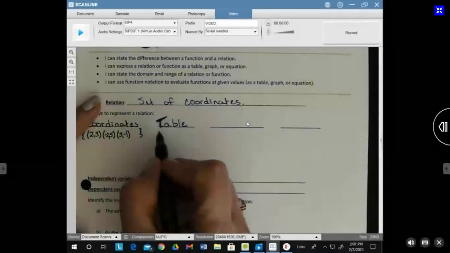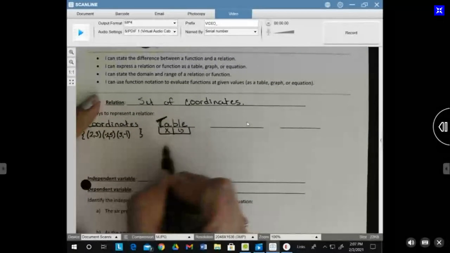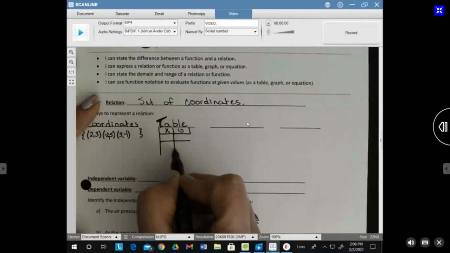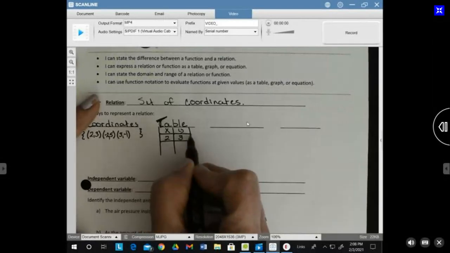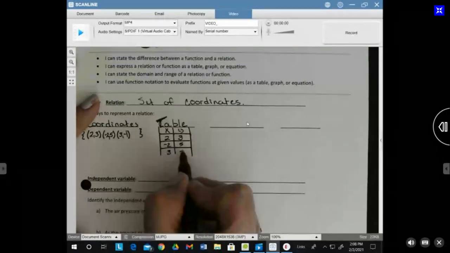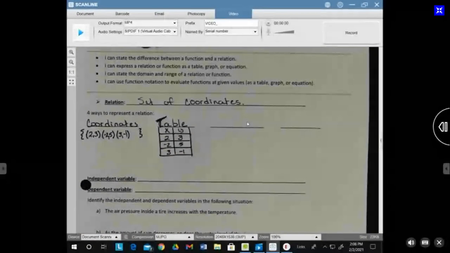What would my coordinates here, X, Y, my first one was 2, 3, -2, 5, and 3, -1. I mean, even though I moved it from just coordinates into a table, is that not just the same 3 coordinates? So it's just a relation, right? Whether I make it in coordinates or I put it in a table, that's a relation.